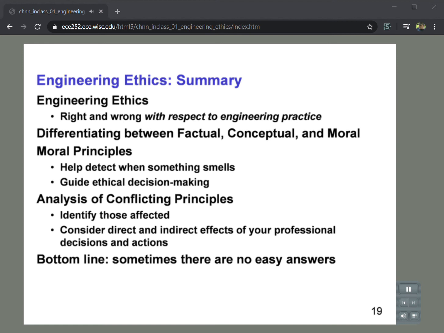And the bottom line, again, to repeat myself, is that sometimes there are no easy answers. Oftentimes we can come to a conclusion that we're happy with, but sometimes some situations are just morally ambivalent, and we have to kind of do the thing that we're comfortable with. And there really is no straightforward, easy answer to lots of these scenarios.